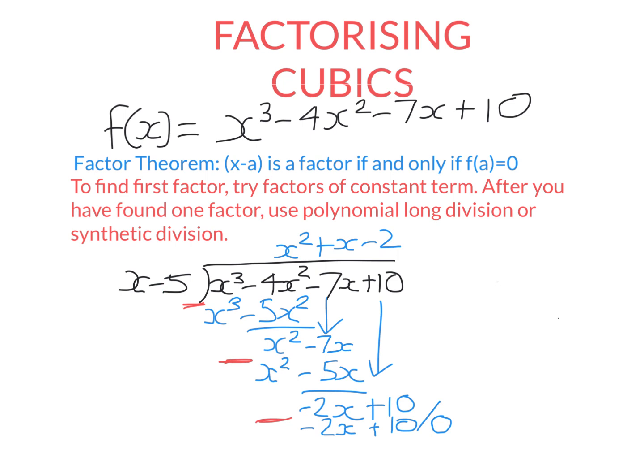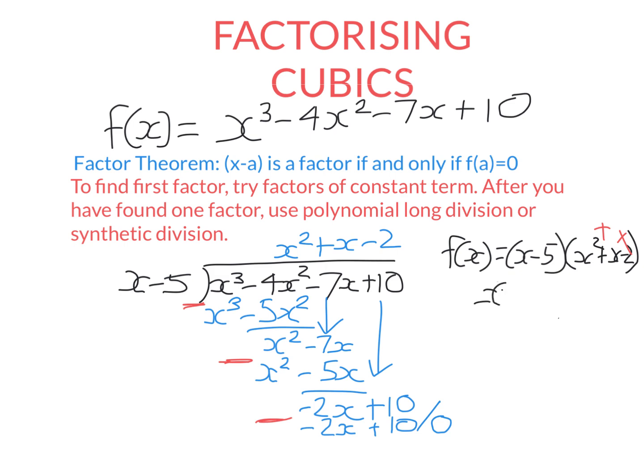So what have I actually found? I found this original cubic f(x) is equal to x minus 5 multiplied by my answer up here, x squared plus x minus 2. So x squared plus x minus 2 is also a polynomial. It's a quadratic. Quadratics are polynomials. So I know how to factorize this. I can factorize it simply. Find two numbers that multiply to negative 2 and add to 1.